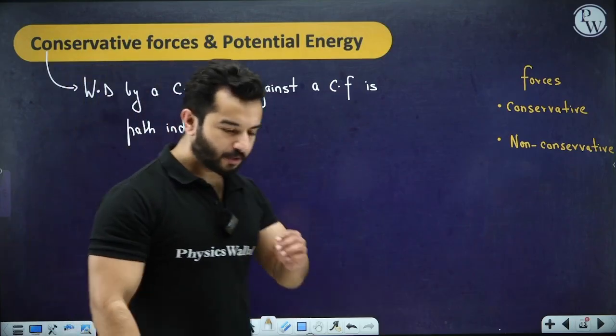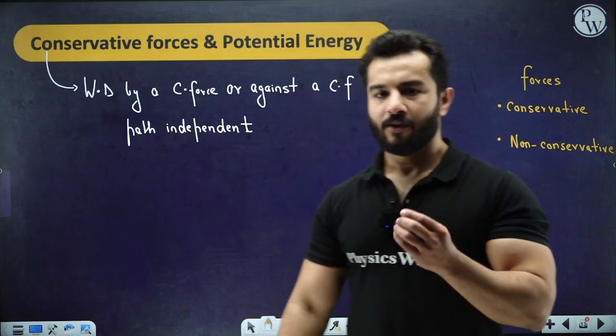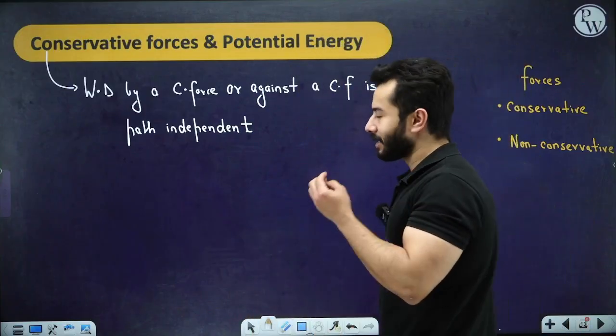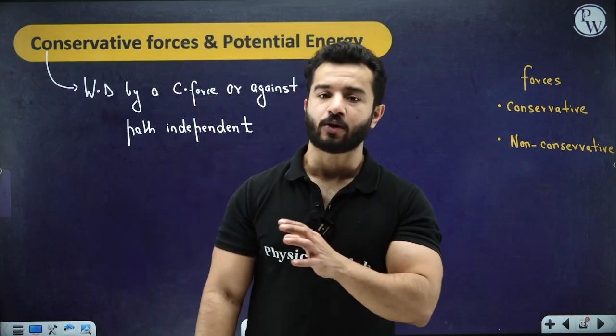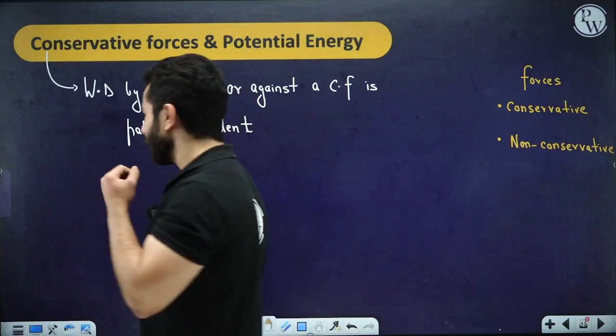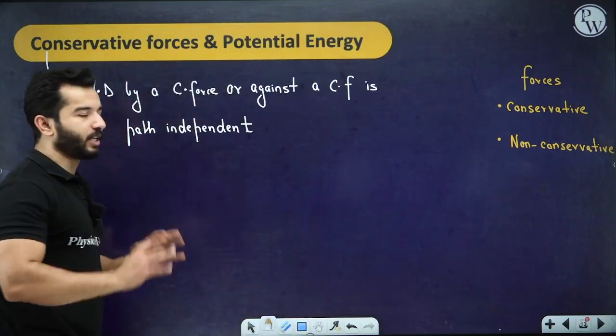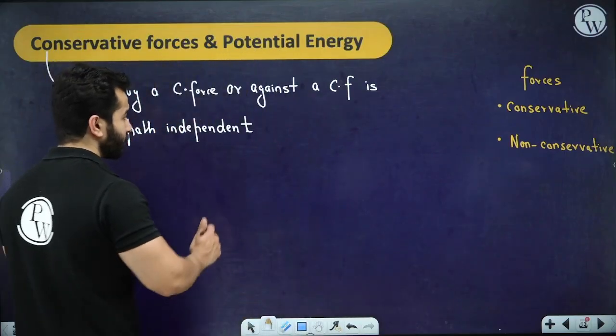So this is the first thing that you need to understand, that when you calculate work done by a conservative force or work done against a conservative force, it is not going to depend on the path. It is going to be only dependent on the initial position and final position, right?